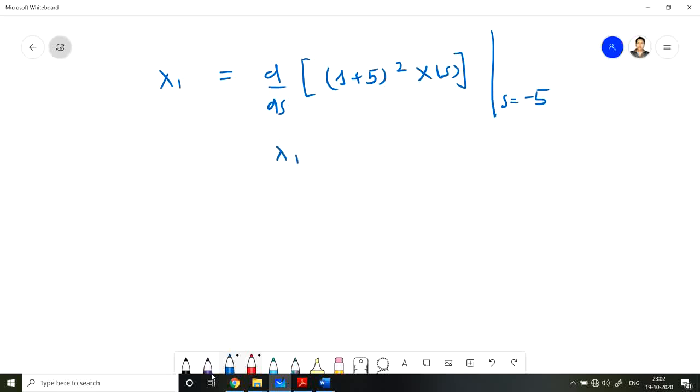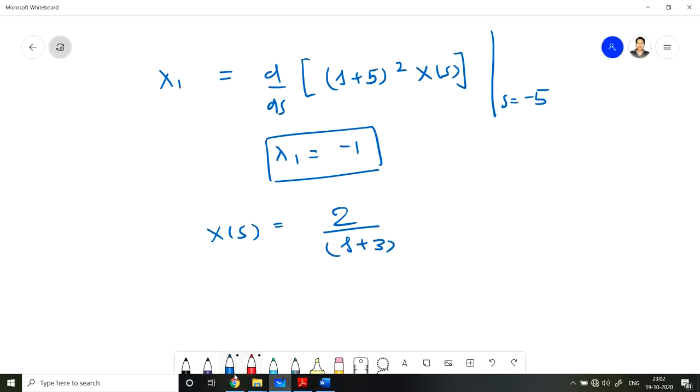Lambda 1 we will get is minus 1. Please check this relation. So X(s) is equals to 2 divided by s plus 3, minus 1 divided by s plus 5, minus 10 divided by (s plus 5) square.